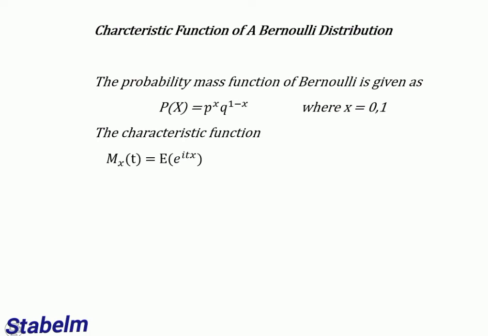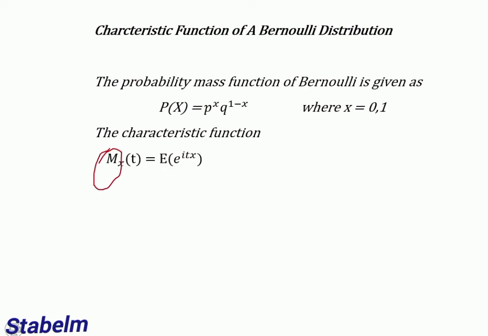Instead of M, they use phi. So there are some textbooks or other scientists that will use phi to replace this M. So that is the characteristic function of the Bernoulli distribution.